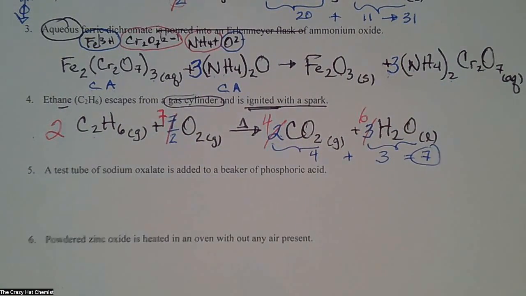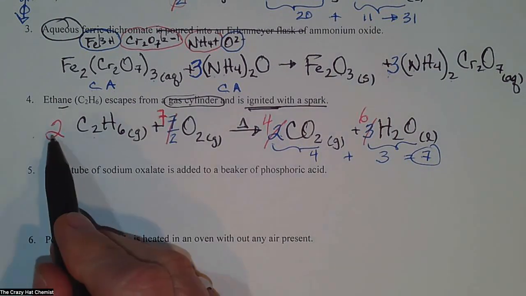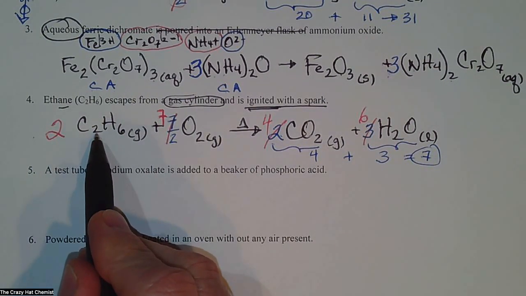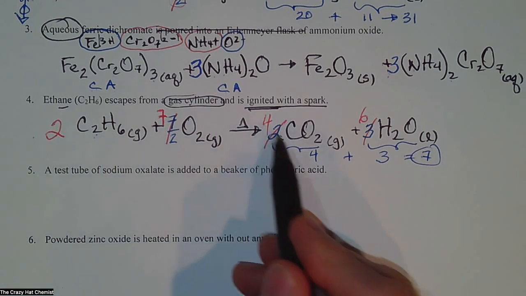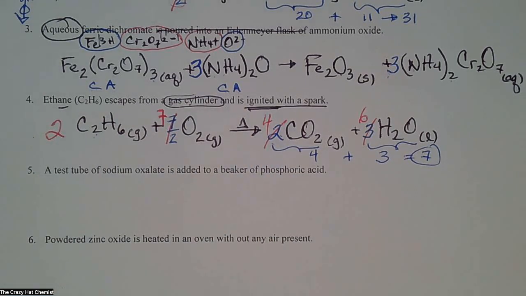And what I didn't go over in detail on the previous problems is that you're supposed to count up the number of each element on both sides to validate and verify that you have the correct number on both sides. And so we'll do that here. 2 times 2, that's 4 carbons on the reactant side. 4 times 1, that's 4 carbons on the product side.